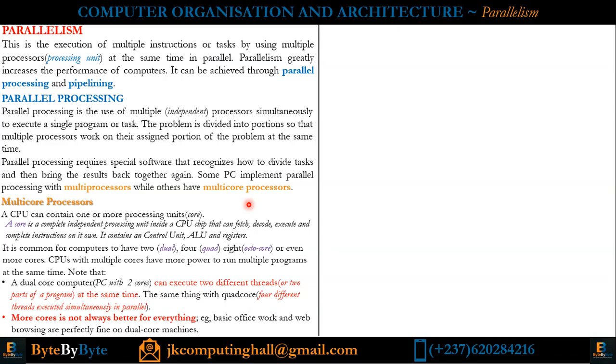More cores is not always better for everything. E.g., basic office work or web browsing are perfectly fine on dual core machines. What do we mean by this? Having an octo-core or a quad-core to perform the functions that a dual core can perform very well, like basic office work or web browsing, will not reduce the processing time.